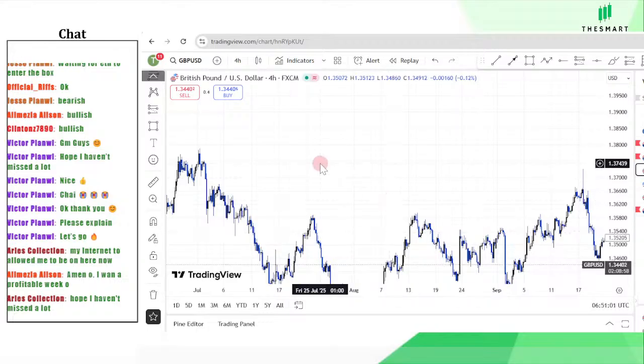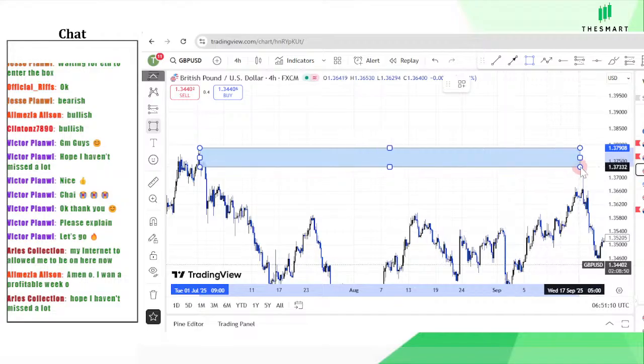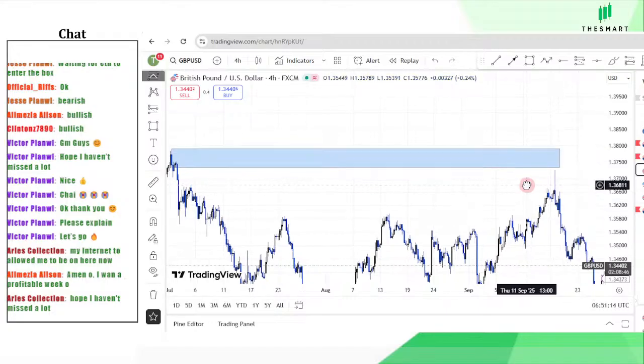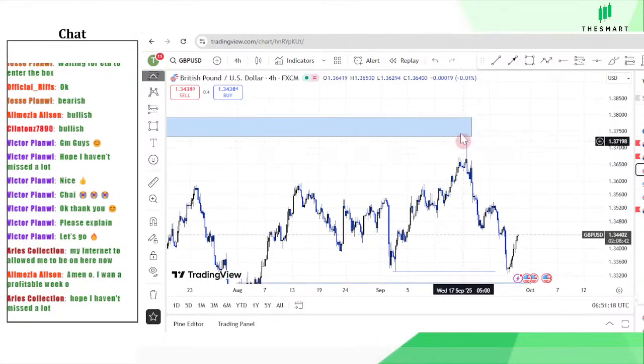So now, what can we see on GU? We have this supply zone. That was the last supply zone we had on the 4 hours, and price didn't tap into it.